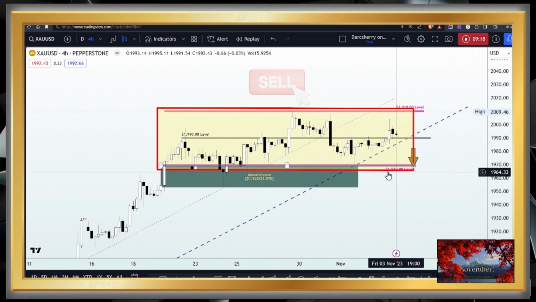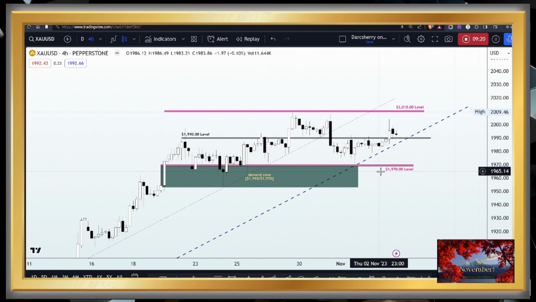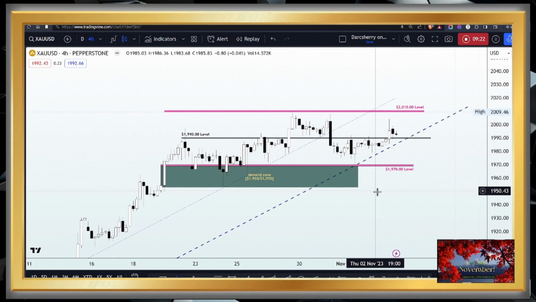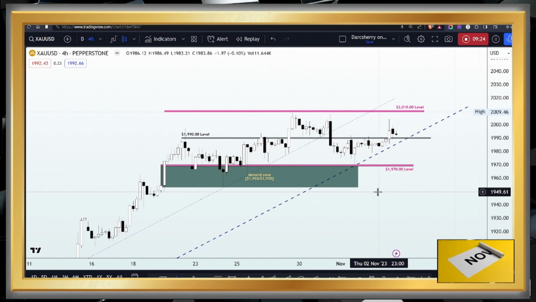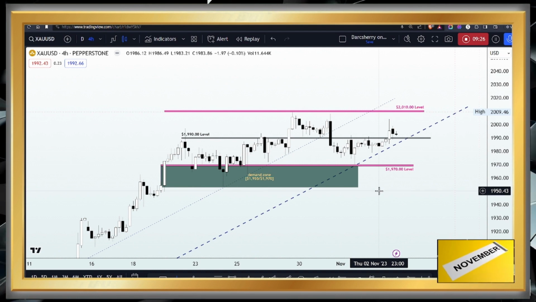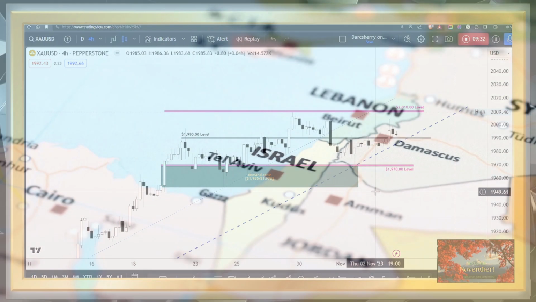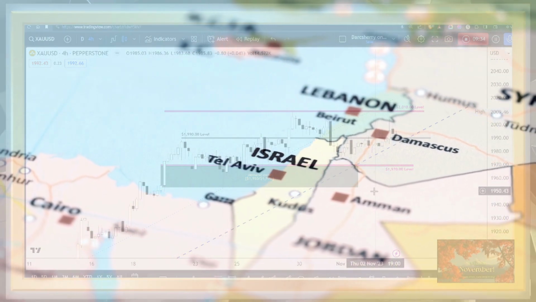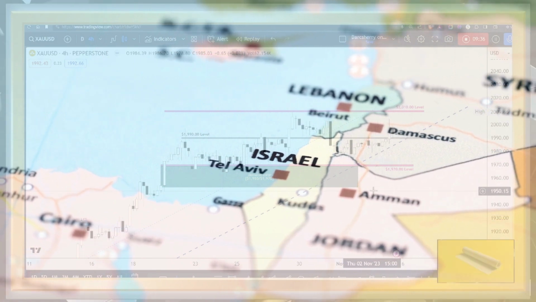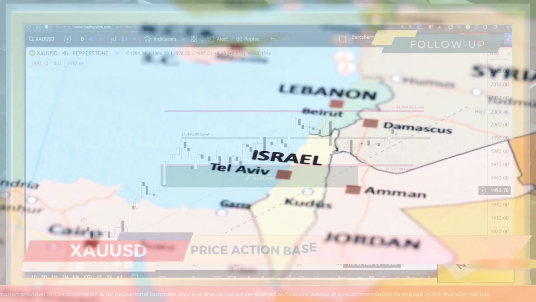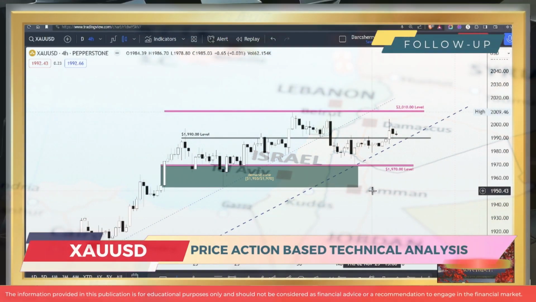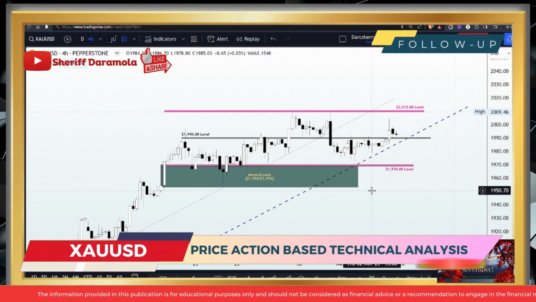Now, with the way things are going right now, it's very important to note that we are at a very crucial juncture in this market where patience is required, waiting for significant confirmations to join any potential move. However, considering the escalating tension in the Middle East, which of course will favor safe haven assets such as gold, I will still continue to hold on to a bullish bias.